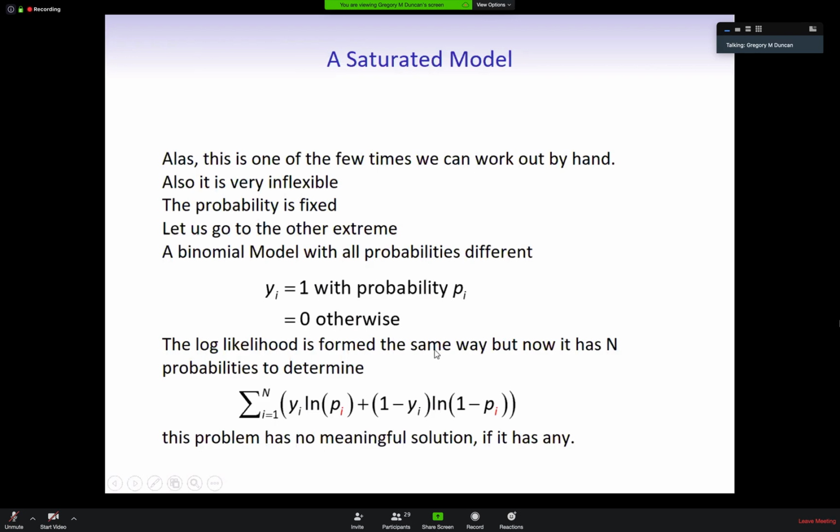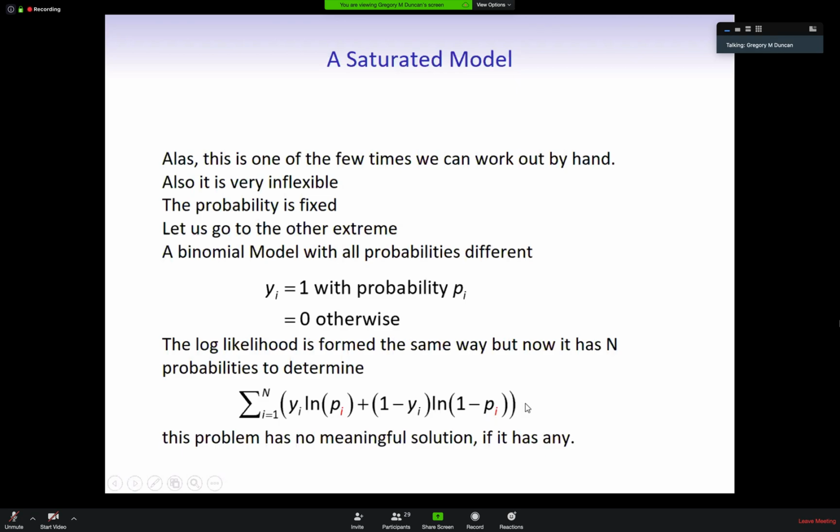The log likelihood is formed the same way. But now it has n probabilities to determine. That is, the log likelihood is yi log pi, not fixed p, pi, plus 1 minus yi log 1 minus pi, not fixed p, pi.